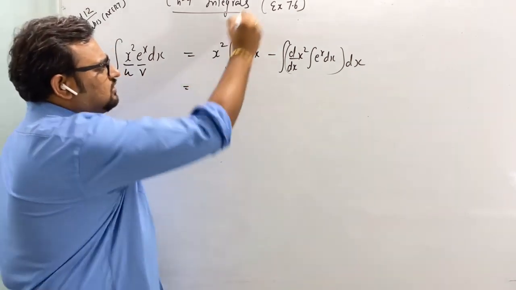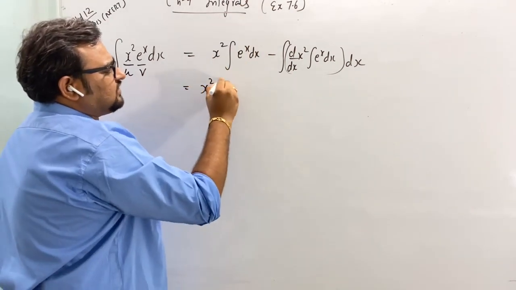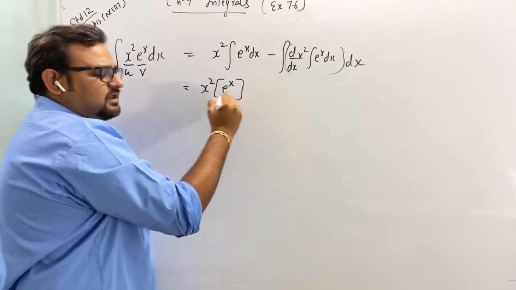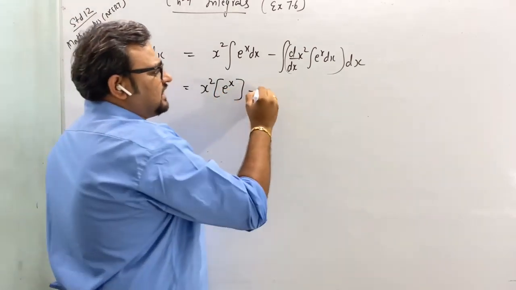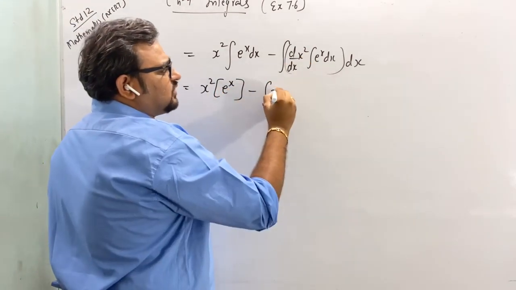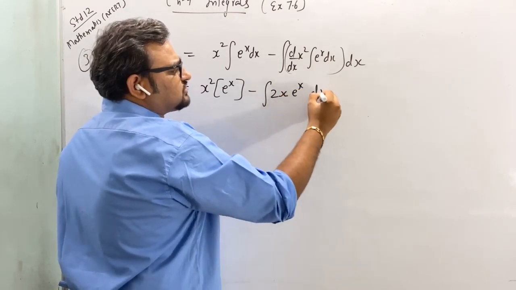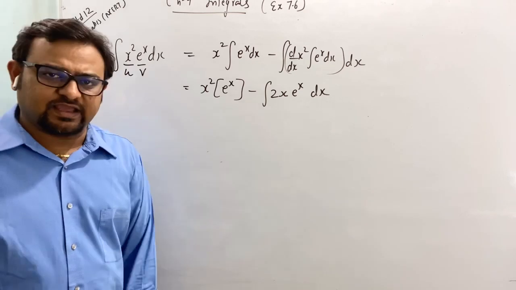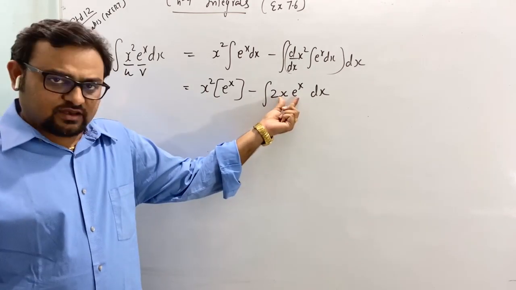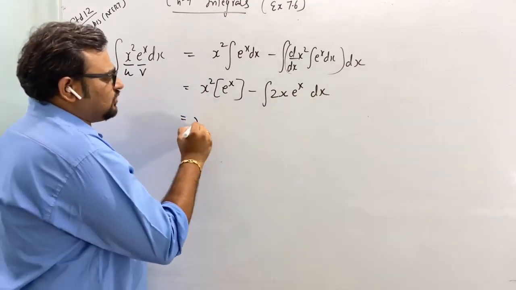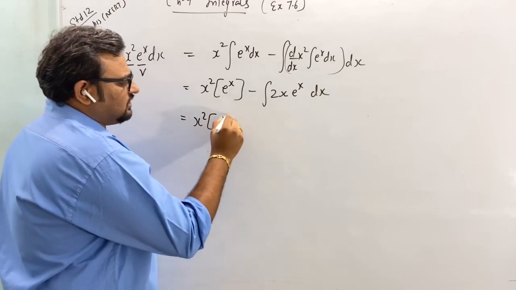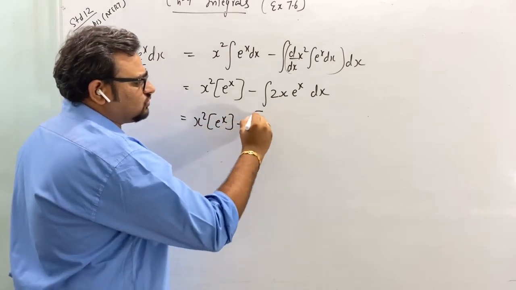So x square as it is, integration of e raised to x, minus derivative of x square, 2x, integration of e raised to x, e raised to x dx. Again, see what I am doing, x square e raised to x minus 2.